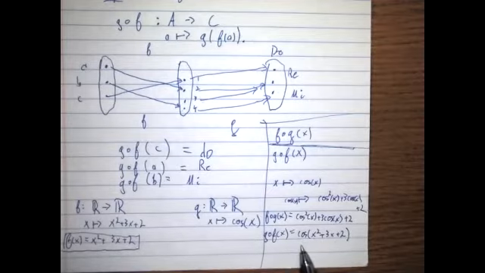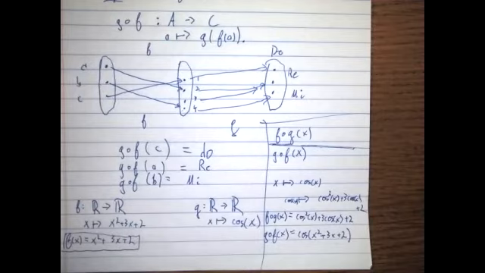But much more importantly than that, for a very general pair of functions, I cannot compose them in either direction. Why is that? Could you repeat the question, please?